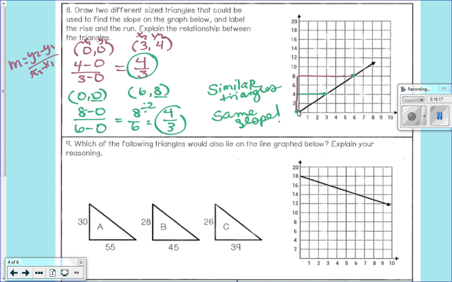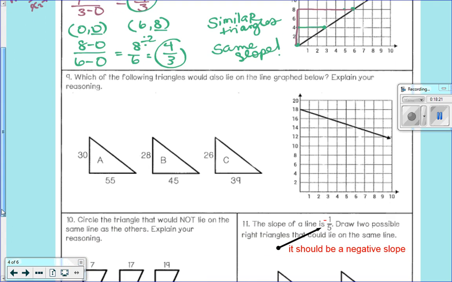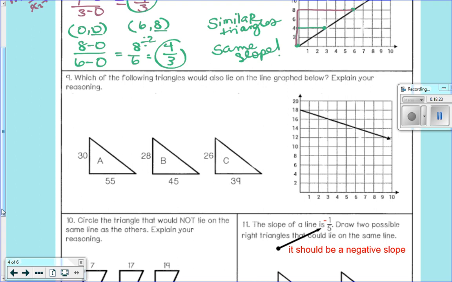Which of the following triangles also lie on the line graph below? All right, so we have, we're going down for our rise, right? So we're going down 30 and 55, right? We're going down 28, 45, and we're going down 26 and 39.